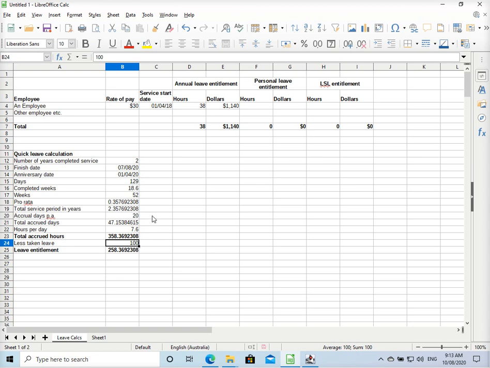The other thing is that I haven't reduced the service period for parental leave or leave without pay. So those things need to be considered, and you need to reduce the service period if those things apply.